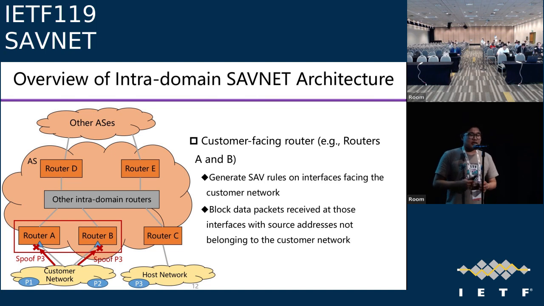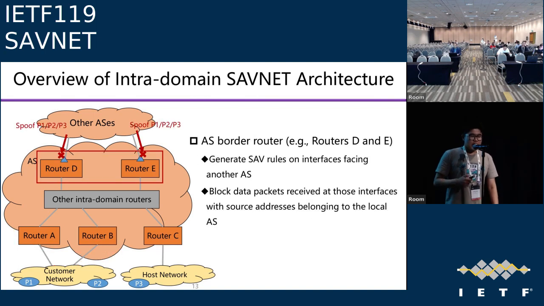A customer-facing router should generate SAV rules on interfaces facing the customer network and block data packets received at those interfaces with source addresses not belonging to the customer network. An AS border router should generate SAV rules on interfaces facing another AS and block data packets received at those interfaces with source addresses belonging to the local AS.